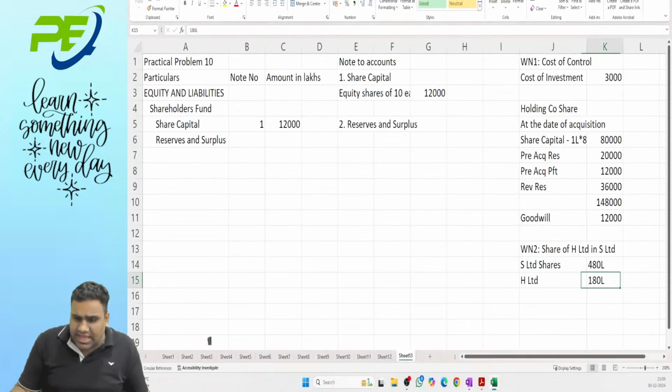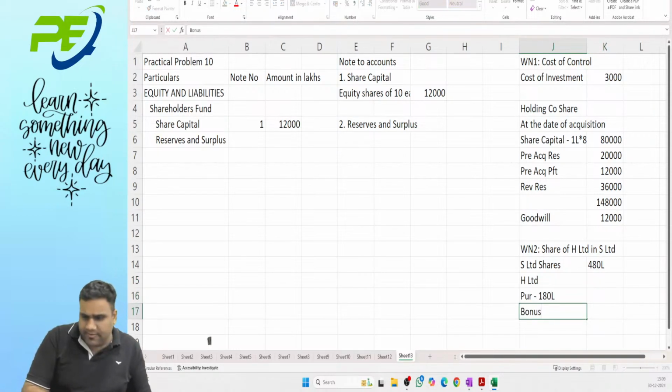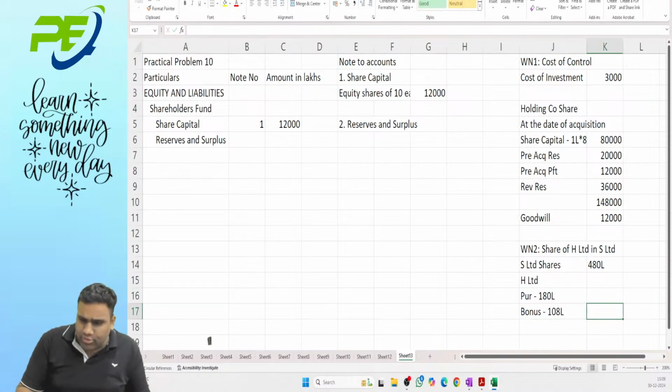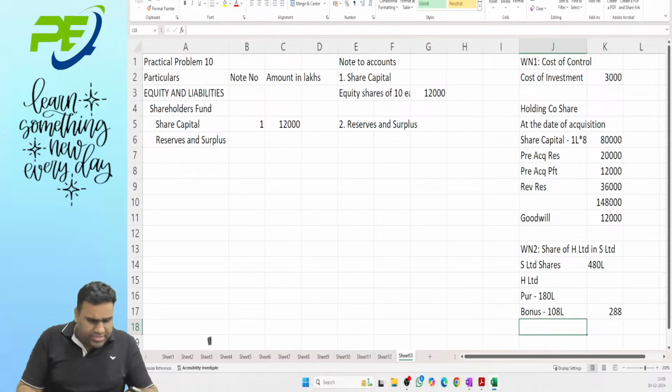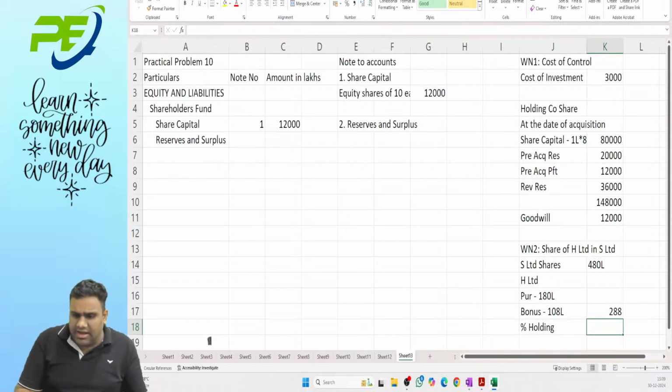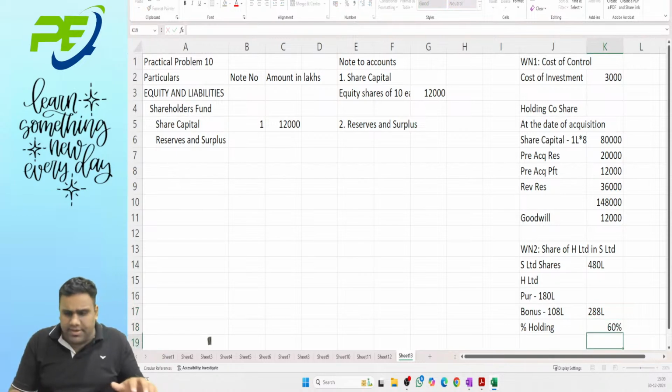So how many shares H Limited purchased, 180? 3:5, 108 lakhs total. 288. So percentage holding, 288 by 480, it is 60%.